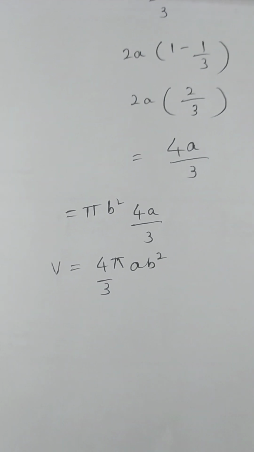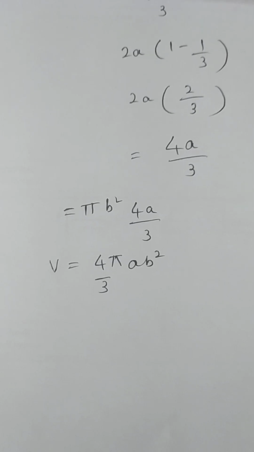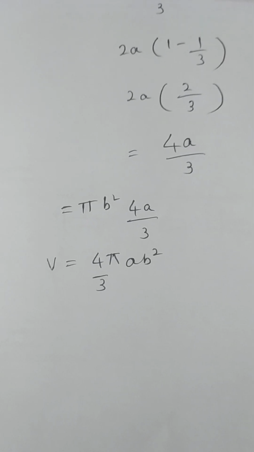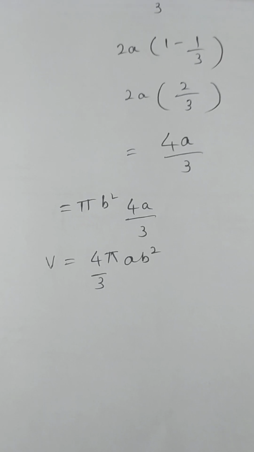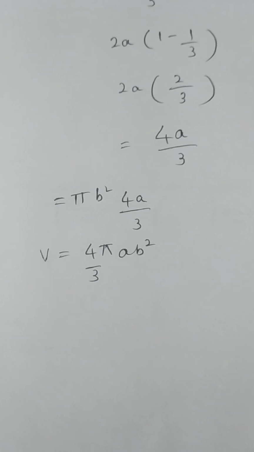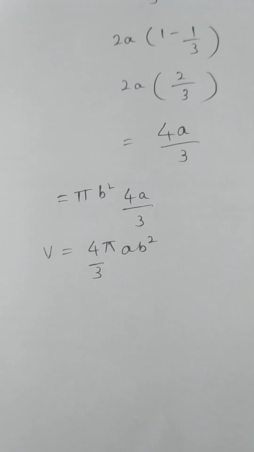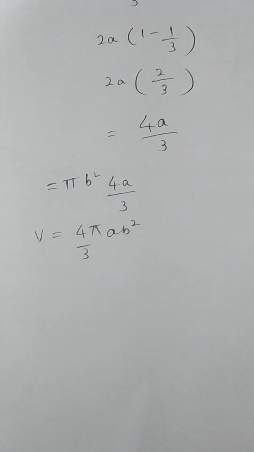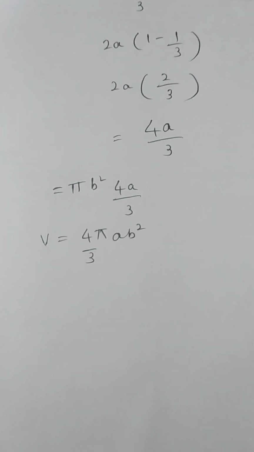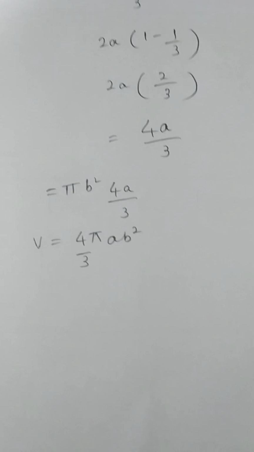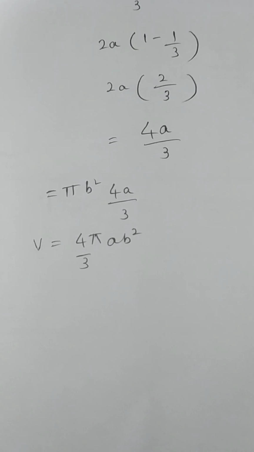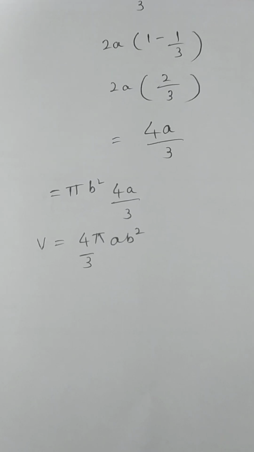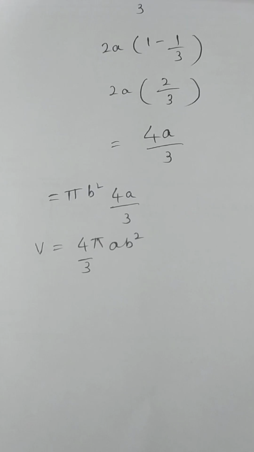This is the volume of the solid obtained by revolving the ellipse x square by a square plus y square by b square equal to 1 about the axis of x. So we have some important points regarding this problem. The equation of the ellipse is x square by a square plus y square by b square is equal to 1.